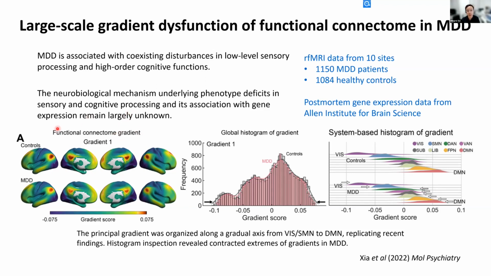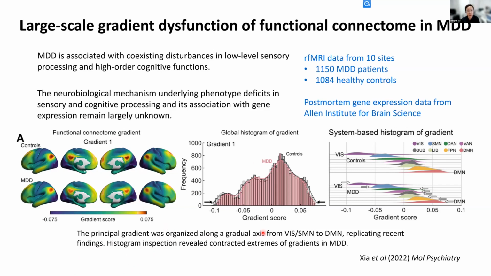For each participant, we decomposed their voxel-based functional network into connectome gradients. The principal gradients were organized along a gradual axis from the visual and sensory motor to the default mode network, which replicated recent findings in healthy adults.